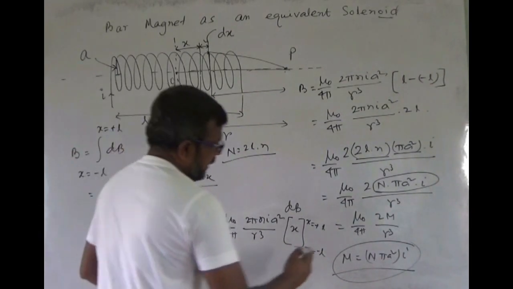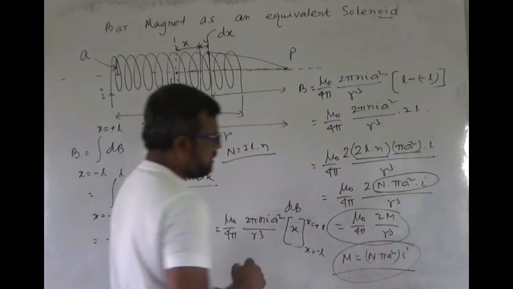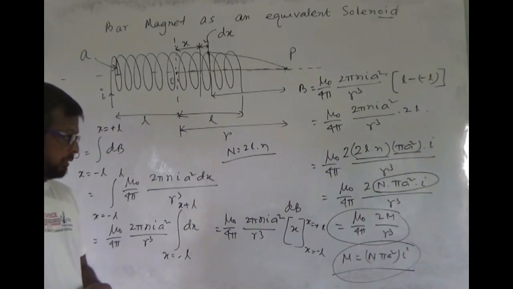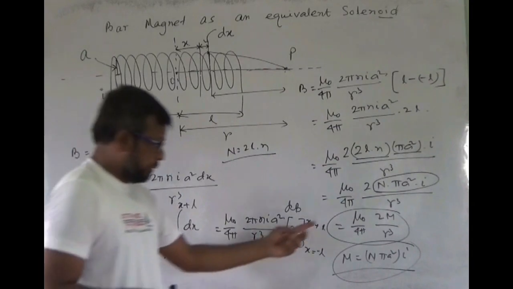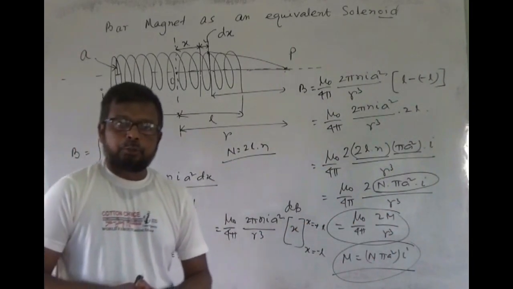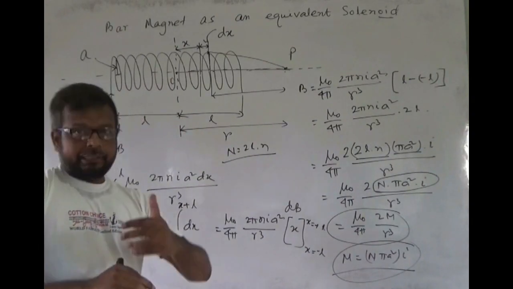Now see here the expression. Field at a point on the axis of the solenoid at a distance r from the center of the solenoid is mu naught by 4 pi 2 m by r cube, where m is the dipole moment of the solenoid. And recall your expression for the bar magnet.